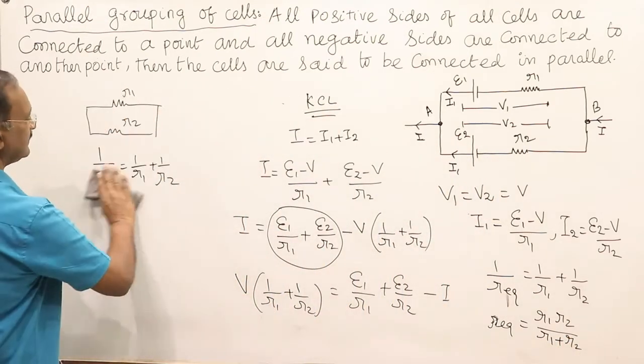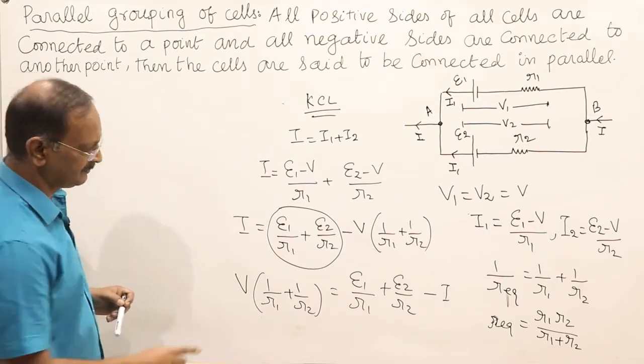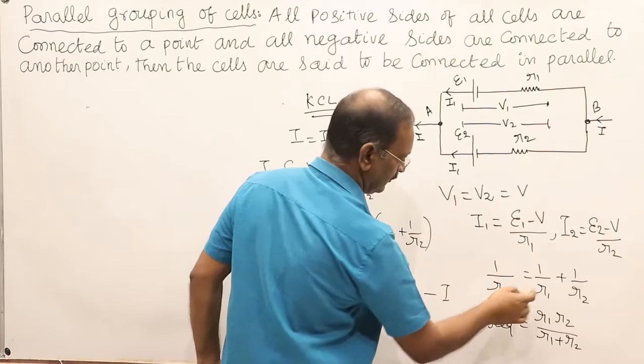Now in this equation, 1 by R1 plus 1 by R2 is equal to 1 by R equivalent.